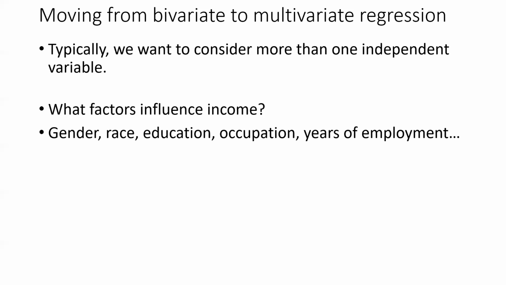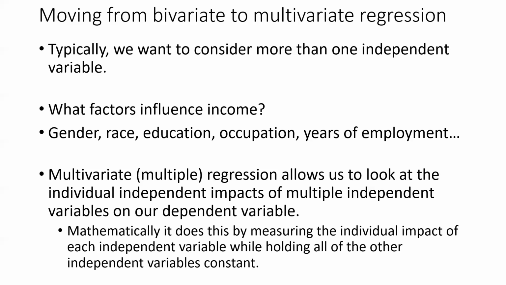Linear bivariate regression only takes one independent variable into account, but multiple regression or multivariate regression allows us to look at the individual independent impacts of multiple independent variables on our dependent variable. Mathematically, it does this by measuring the individual impact of each independent variable while holding all of the other variables constant.